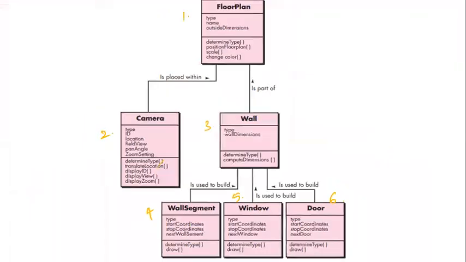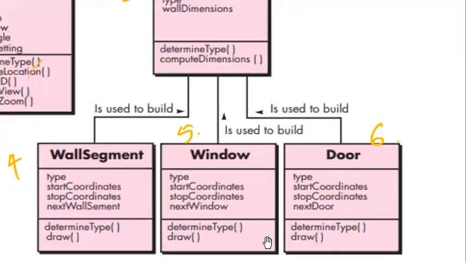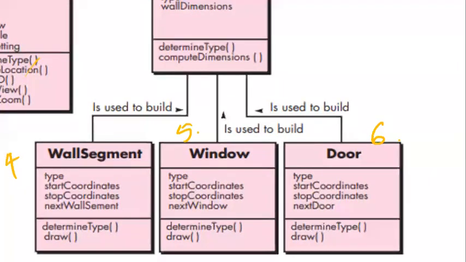The dimensions for the particular wall can have the length and the breadth of the wall. These are computing the dimensions. Now this class is wall. Attributes are the dimensions, and these are the operations that are there for the wall.